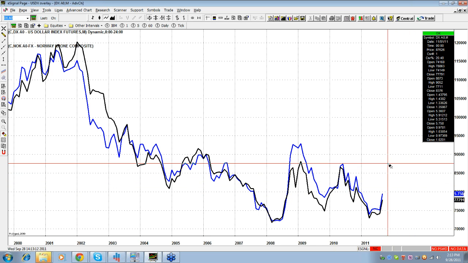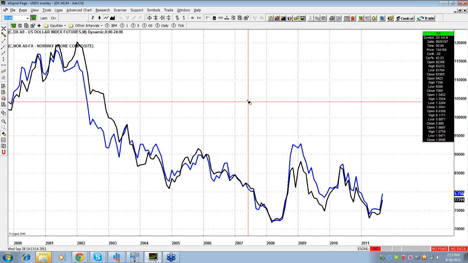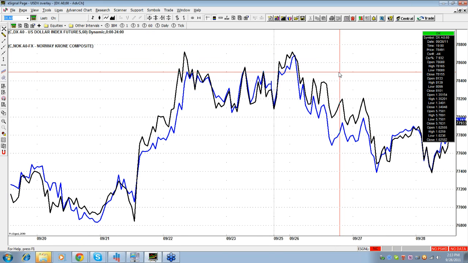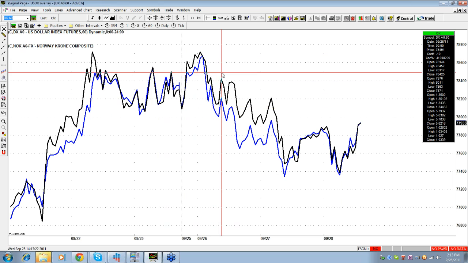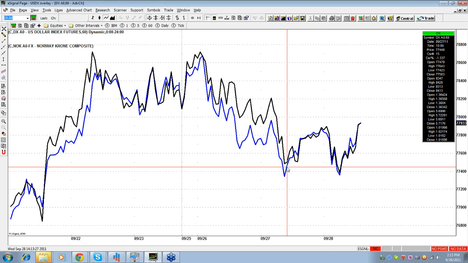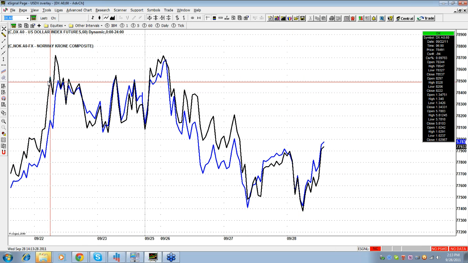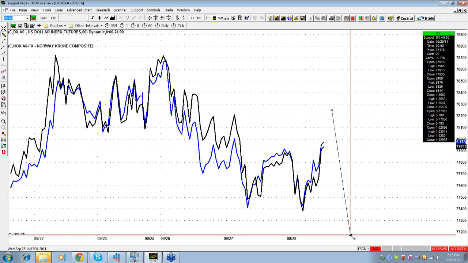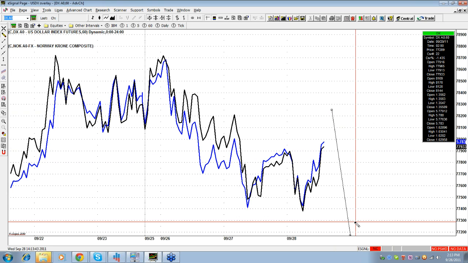So technically, if you know on the 60-minute chart from last night that you have 1, 2, 3, 4, 5 swings down, that's what it's telling you. This is telling you that after three waves back, this pair, the Norwegian krone, is going to go down, and that's telling you that the dollar is going to go down.